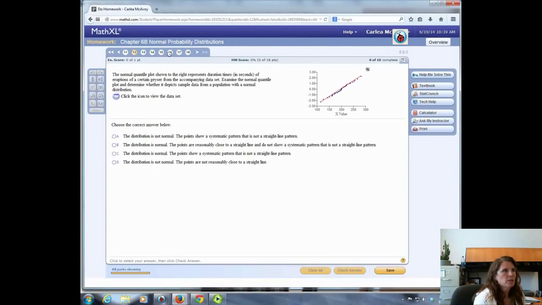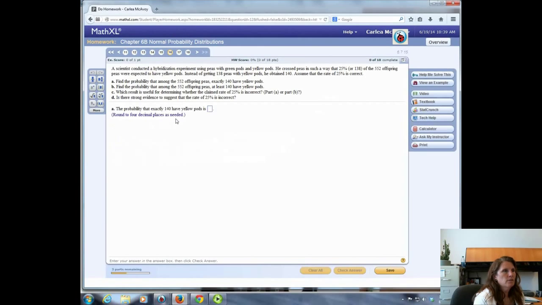This would be number 16. Let's see if our information is calculated correctly here. So we're going to do this problem, and I'm going to kind of talk a little bit off screen, but let's say what the mu would be. There's 552, and we have a probability of 0.25, which they gave us again, so that'd be 138.